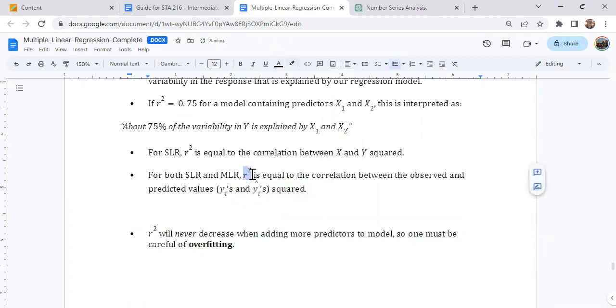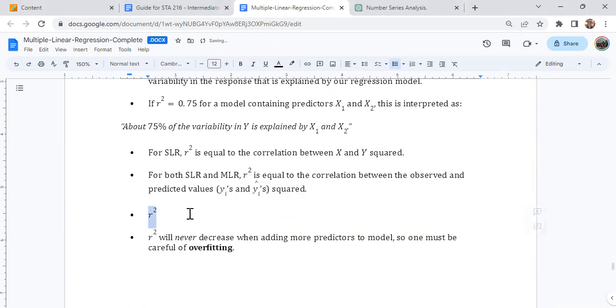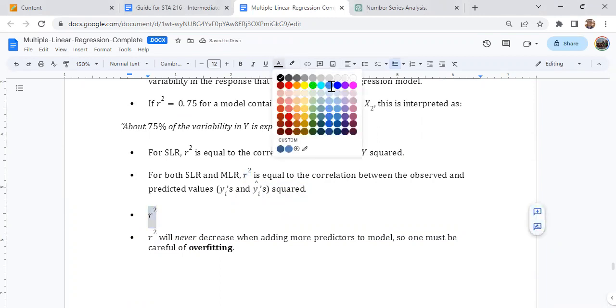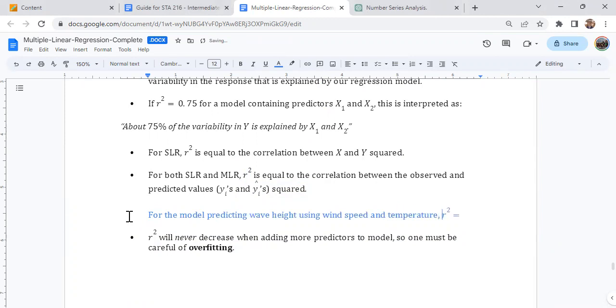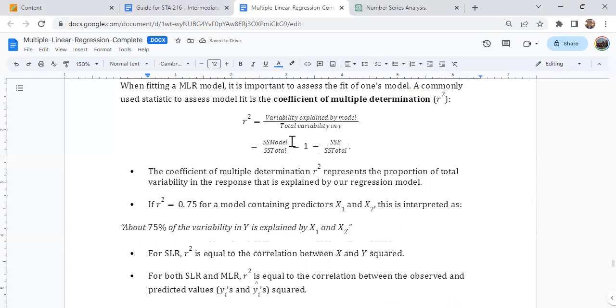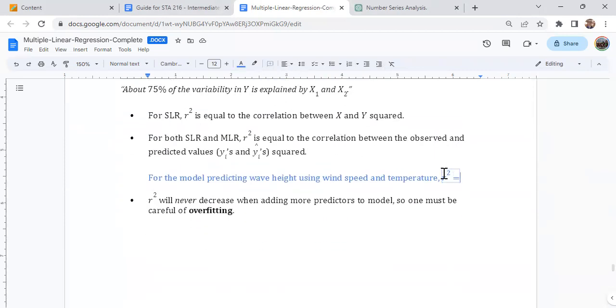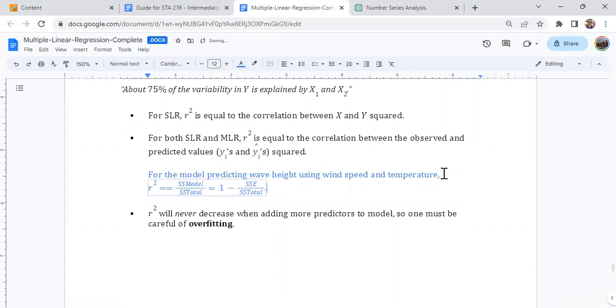Let's see what R squared was for the model predicting wave height using wind speed and temperature.